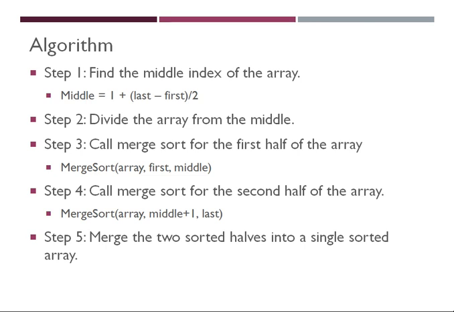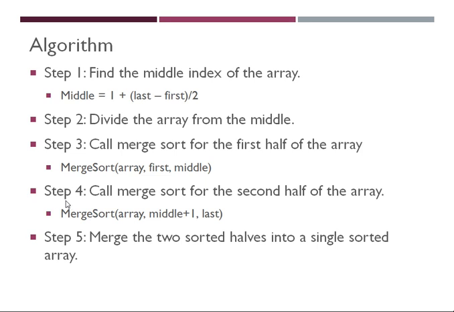Then the second step, we divide the array from the middle. In the first step we found the middle index, and in the second step we perform the division from this middle index, dividing the array into two equal halves. In step 3, we call merge sort for the first half of the array that we have just divided, passing the parameters array first and the middle index.